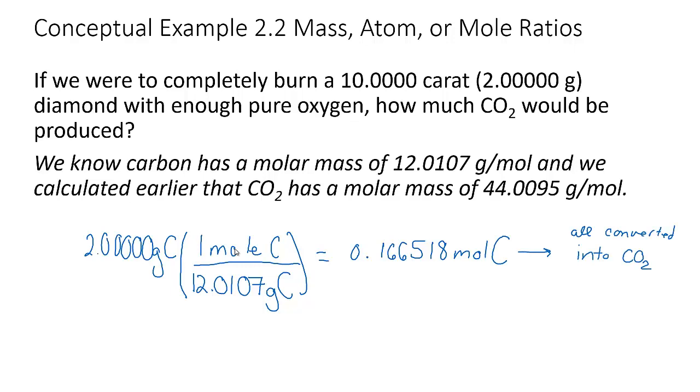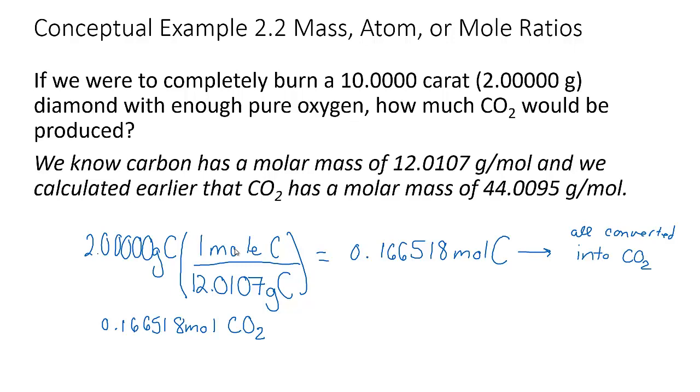And then the problem says all of these moles of carbon are converted into carbon dioxide. So if all of that's converted, now that means that we have 0.166518 moles of carbon dioxide. So we've got all of that. But now let's convert it back from carbon dioxide moles. Let's go back to carbon dioxide grams. So in doing that, we set up another conversion factor.